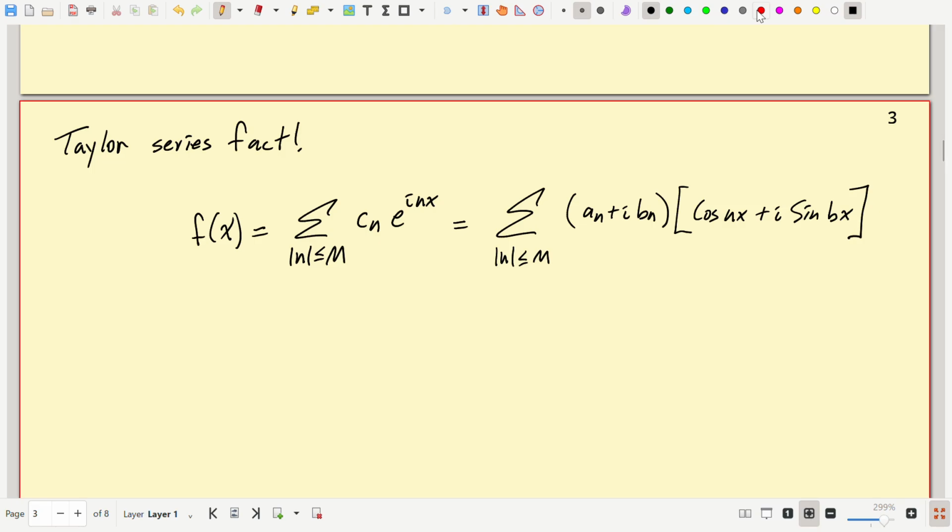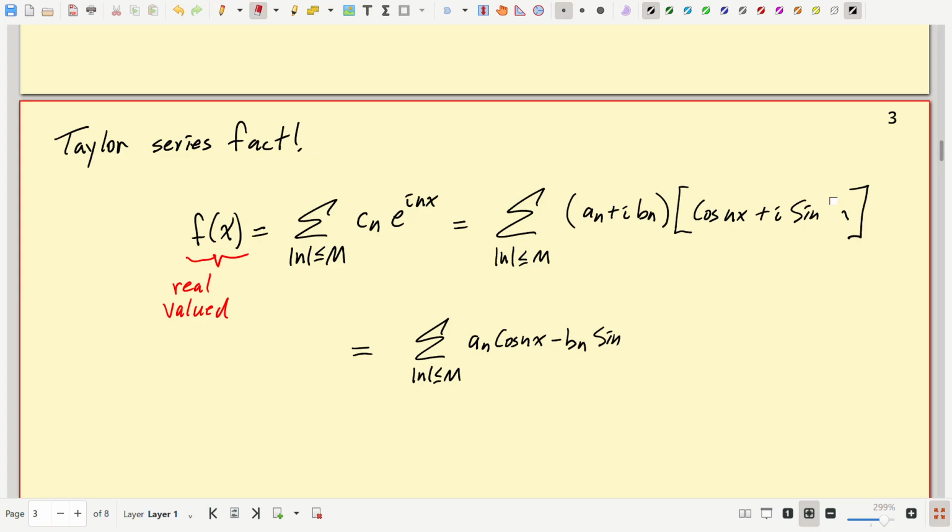And so let's assume that f of x is a real valued function. Then I could expand this and see what the real parts would be. The real part would be an times the cosine term, and i times i would give me minus bn times the sine nx.